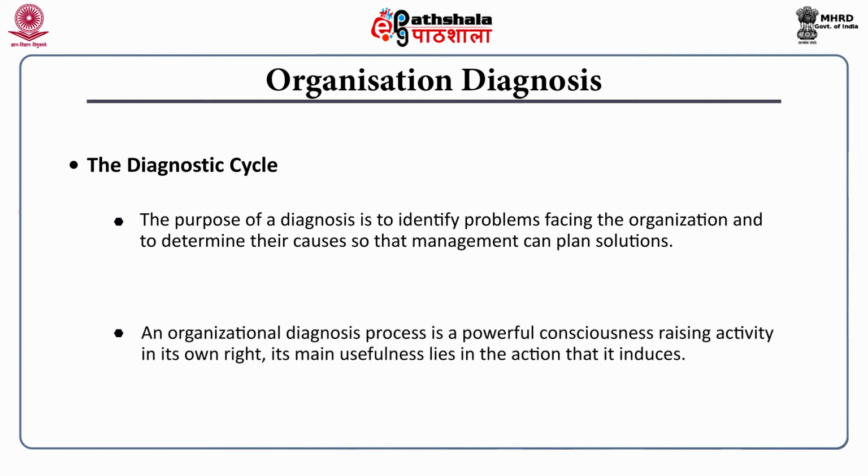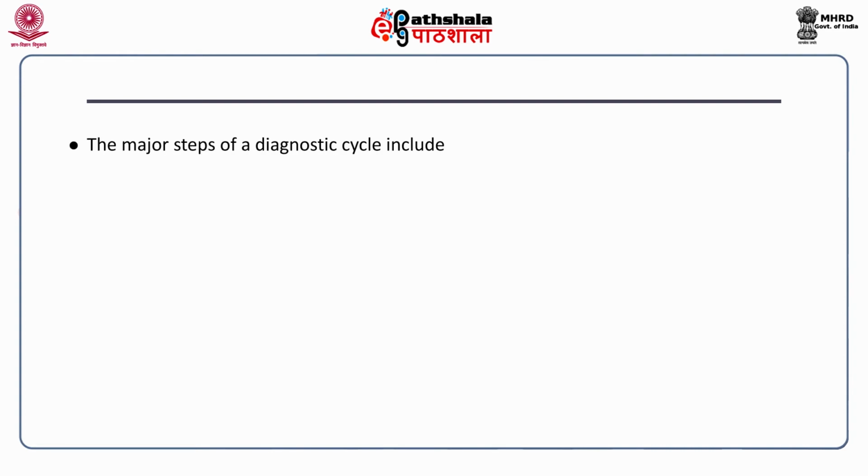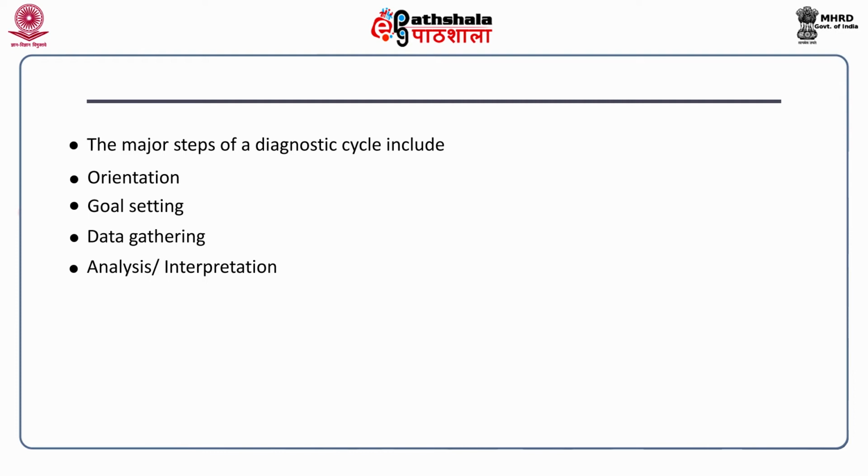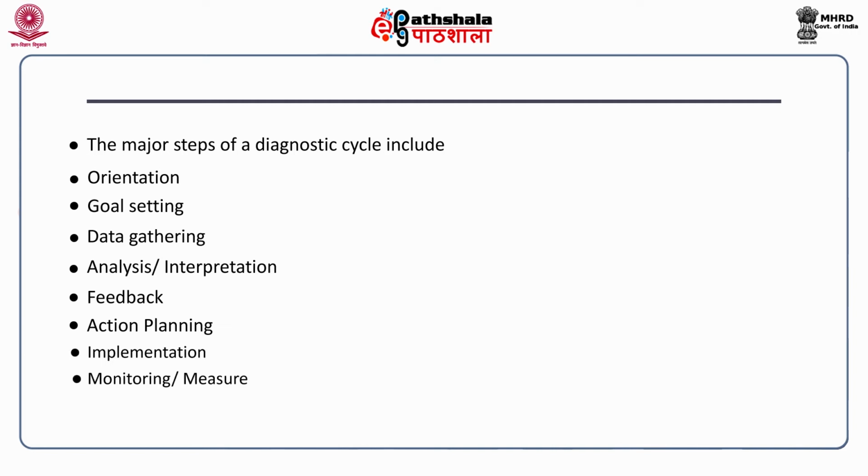An organizational diagnosis process is a powerful consciousness raising activity in its own right, and its usefulness lies in the action that it includes. The major steps of a diagnostic cycle include orientation, goal setting, data gathering, analysis or interpretation of data, feedback, action planning, implementation, monitoring and measuring, and finally evaluation.